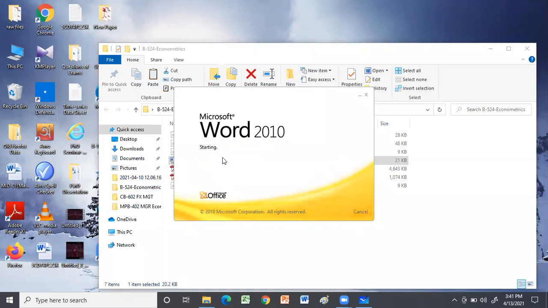So from today we are going to start the application of the software, application of the regression model using data. So let me open my course outline first.